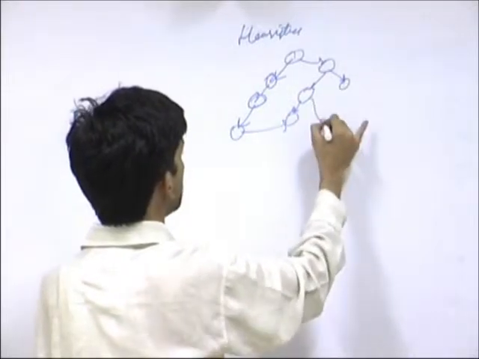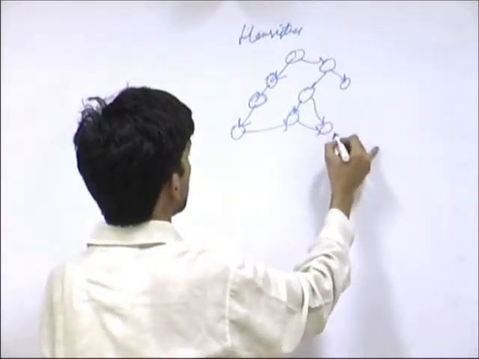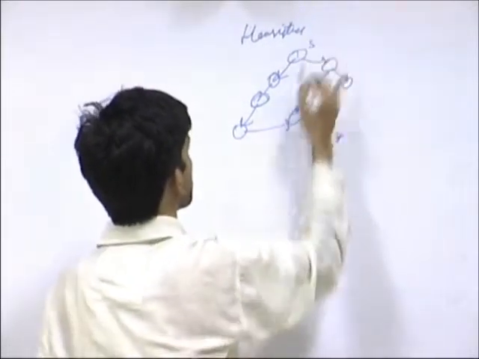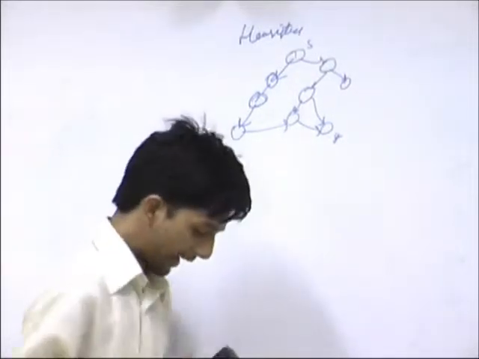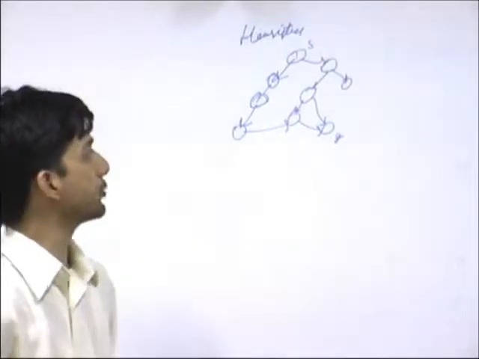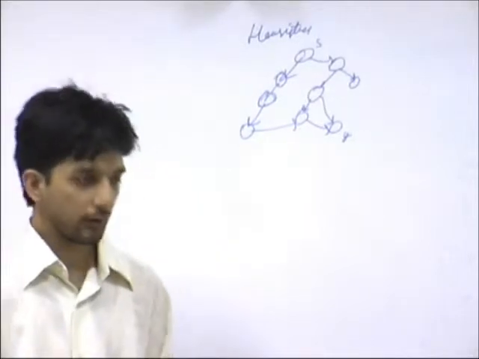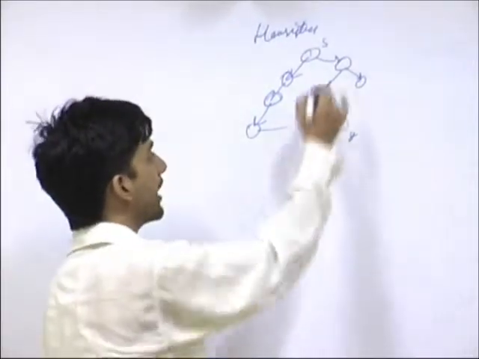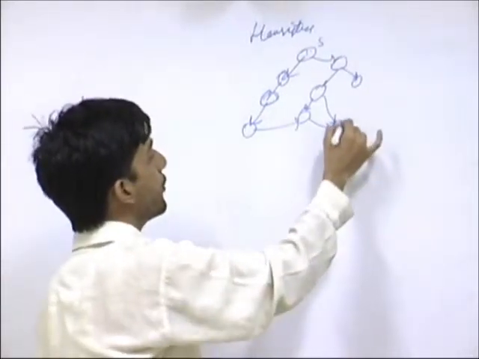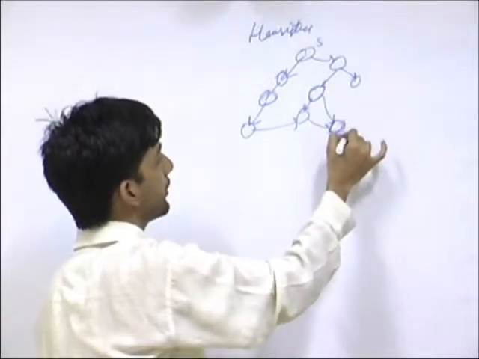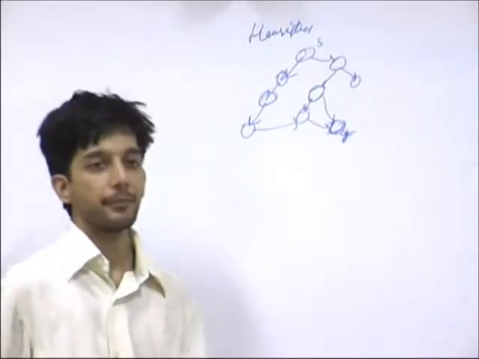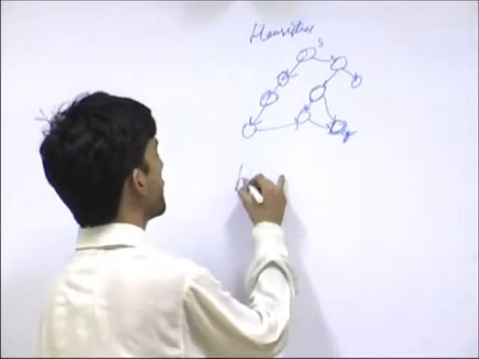Let's say this was the graph, this was the goal, and this was the source. What if I have some kind of graph that is only available to me? I have some idea of how close every node is to the goal, and that is known as the heuristics of the goal.